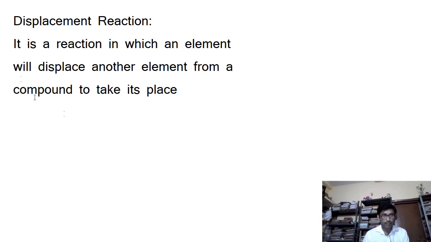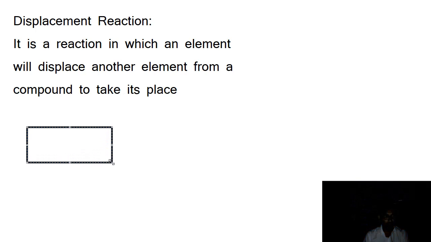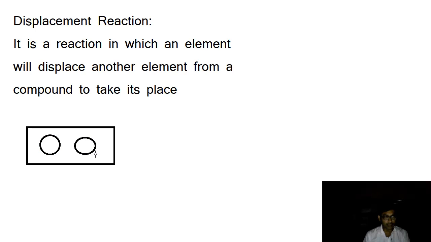Now let me try to explain this with the help of an illustration. Now suppose we have a compound in which there are two elements. Suppose this is an element and this is another element.